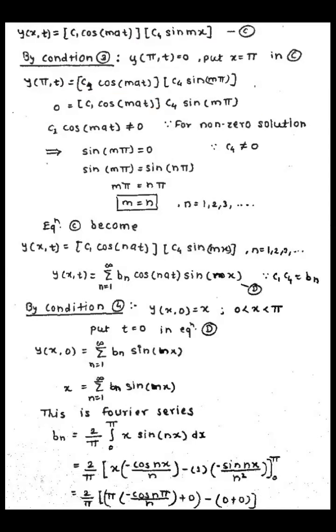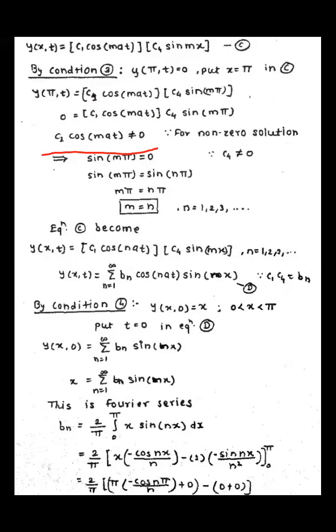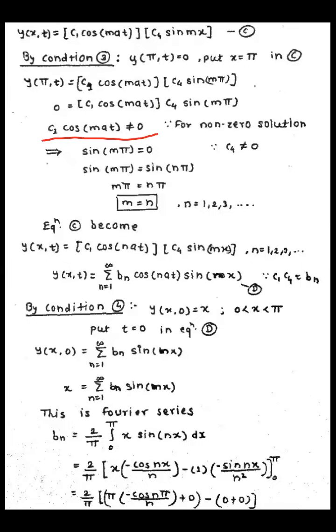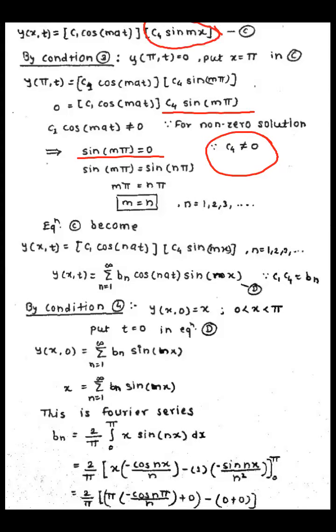Now sin(πt) is 0, so it is equal to C1 cos(mat) into C4 sin(mπ). Again, we cannot take C1 cos(mat) equal to 0 for a non-zero solution. What does this imply? C4 sin(mπ) equals 0. Again C4 cannot be 0 due to the non-zero solution.